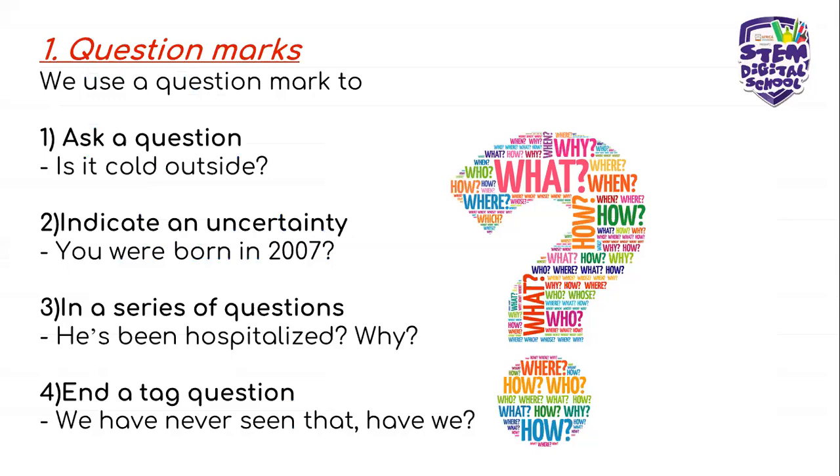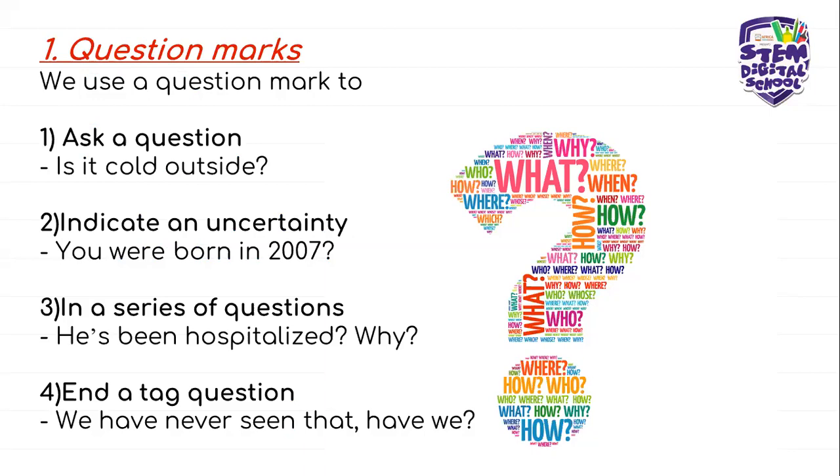Now, when do we use a question mark? We use question marks to ask a question, like, is it cold outside? Do you have a sweater? Any sentence you write that is a question, you always use a question mark at the end.